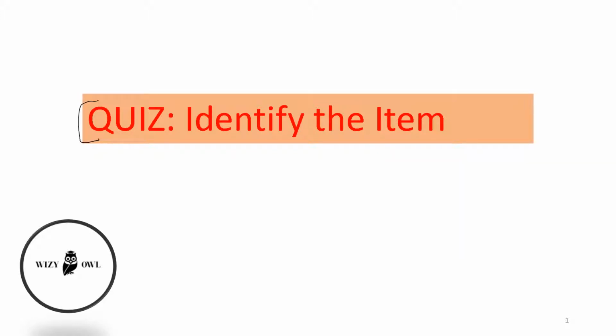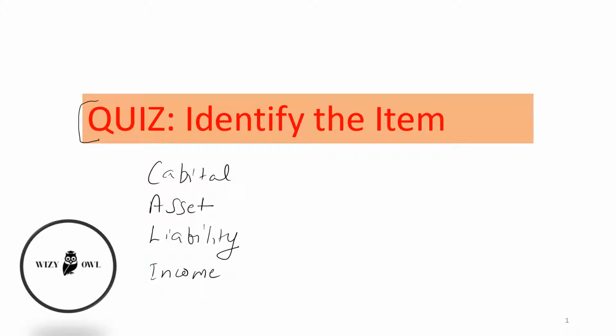In the terminology video, we discussed different terminologies under five major headings, and these headings are capital, asset, liability, income and gains, and it also includes revenue, and here expenses and losses.